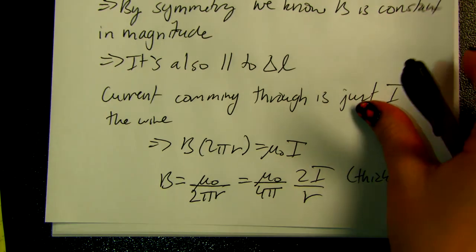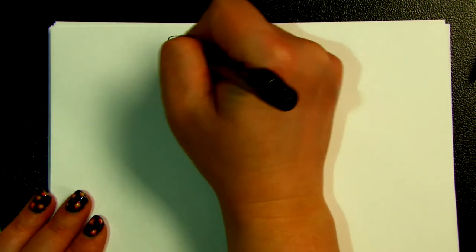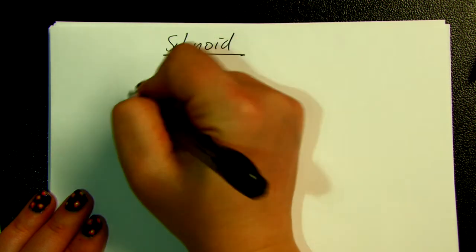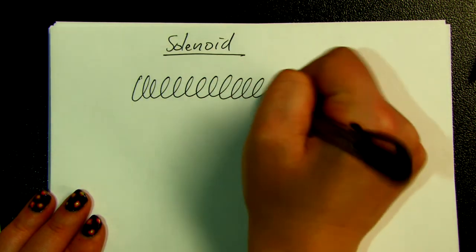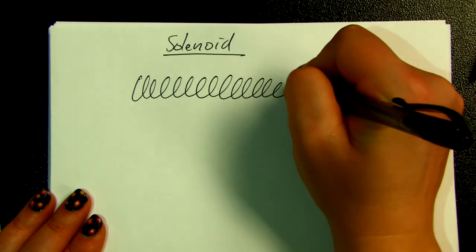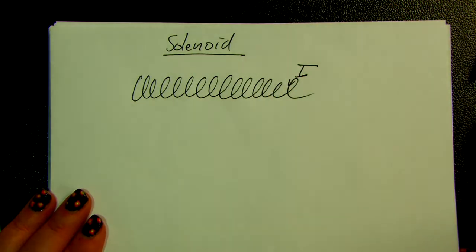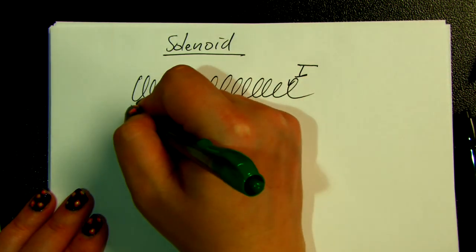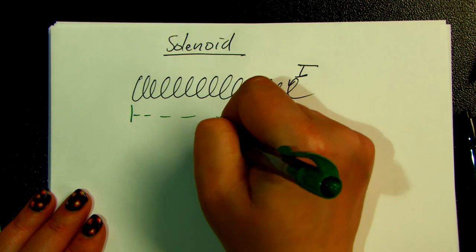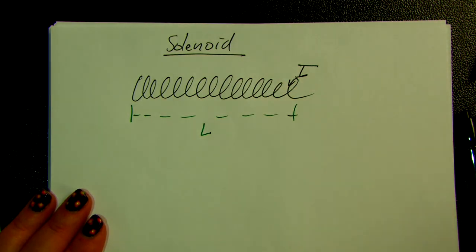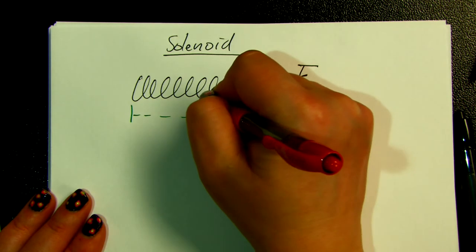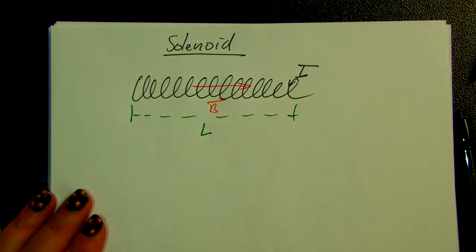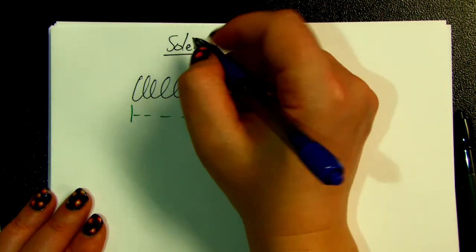Okay, so now let's play this game with a solenoid. Now we get to have multiple currents going through. Okay, so we all remember a solenoid, I hope. So we've got all of these wires, got current going through. I'm going to look at some length L of the solenoid. It's got relatively uniform magnetic field going through. Okay, so let's look at a segment within the wire.